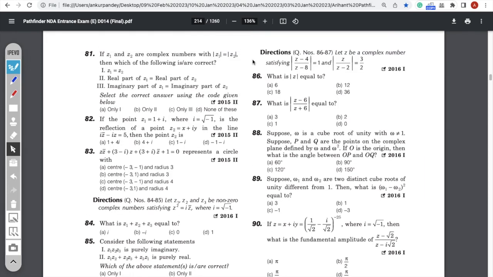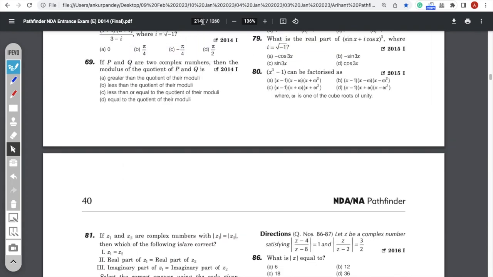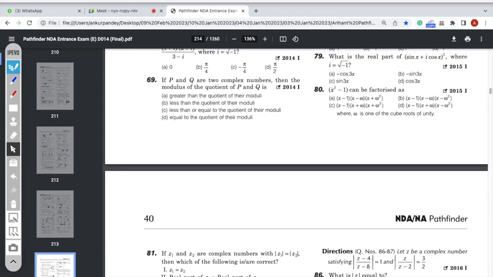So, what's the page number? This is on page number 40 of the book. If you are going by the PDF, 214, 216. So you don't have to search for the page. Wherever you open, there will be a tab. I'll show you the easier way of opening it.